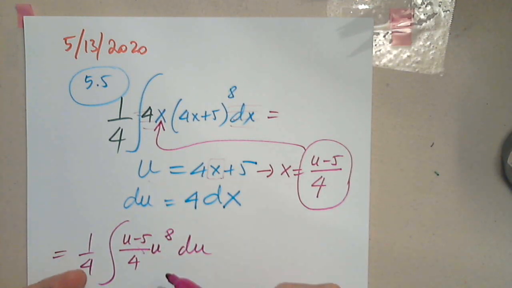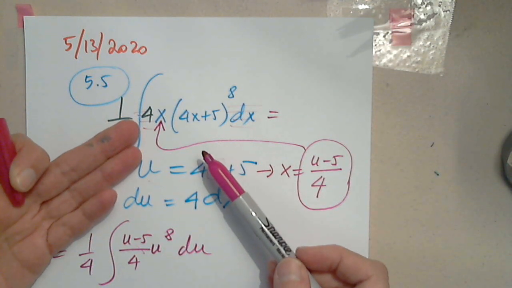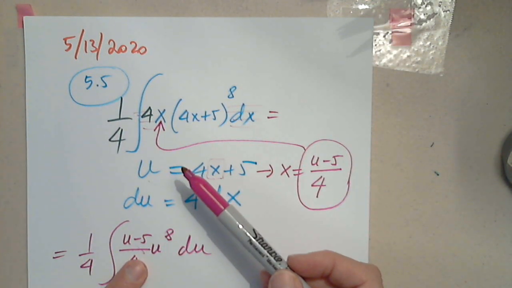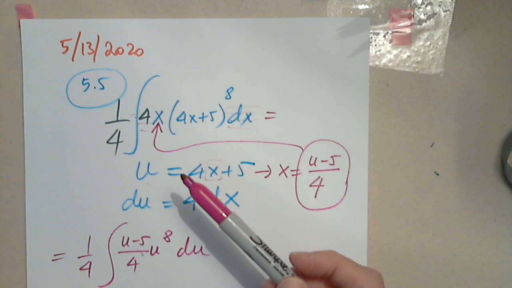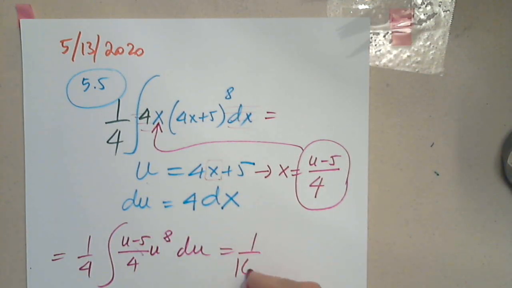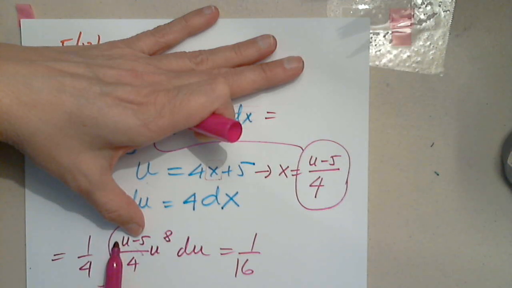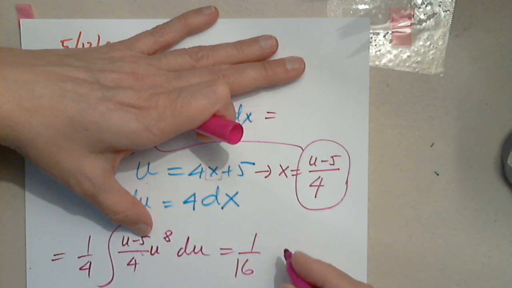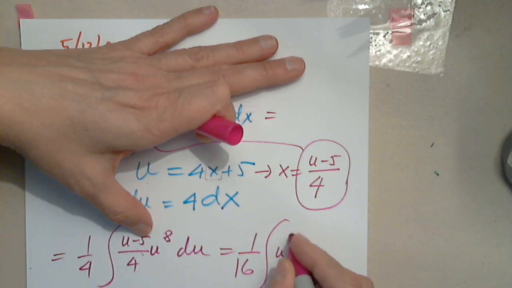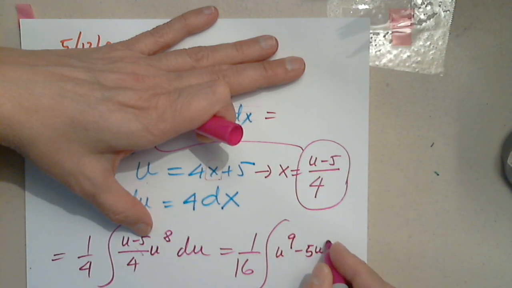And you can say, why is this easier than that? Oh, much easier. First of all, I will take 1 over 4 outside, and I have 1 over 16. And then in u minus 5, I will distribute u to the 8th. So the integral of u to the 9th minus 5 u to the 8th.